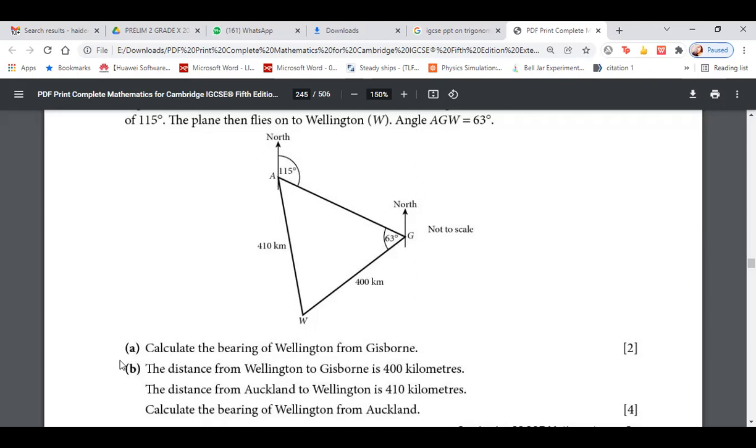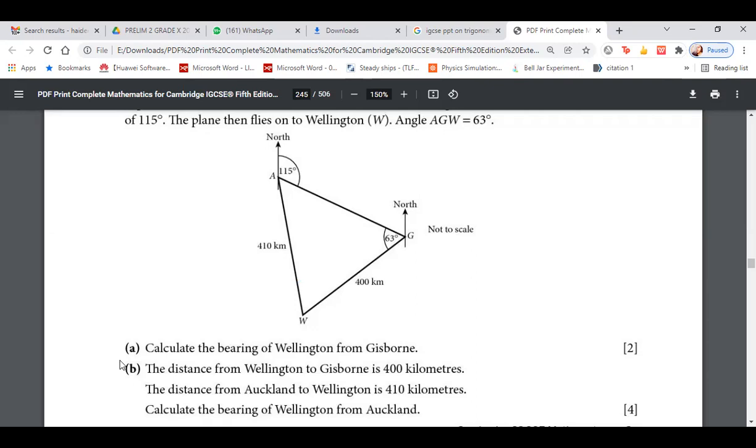Okay, I am just asking you instead. They did not ask you this question, the bearing of Wellington from Auckland, but instead, if they would have given this angle over here, what would be my first impression? Cosine or sine? Cosine. Okay, are you getting how to figure out whether to use sine or cosine?